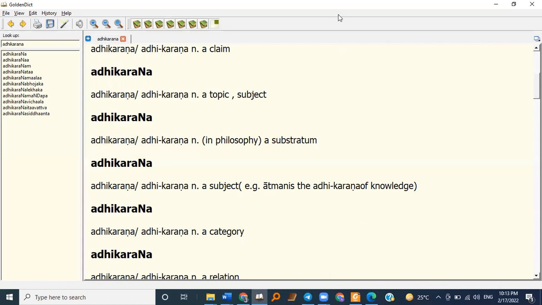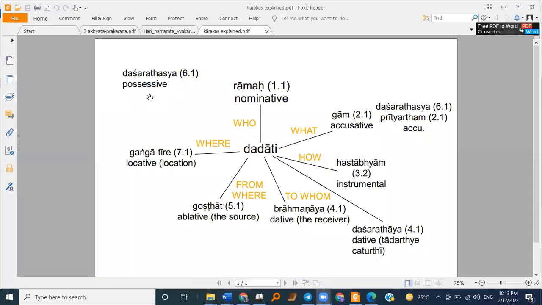I'll just show you one thing about Karakas, those different cases. Okay, so I hope you can see it. What happens is, all these cases revolve around the verb.